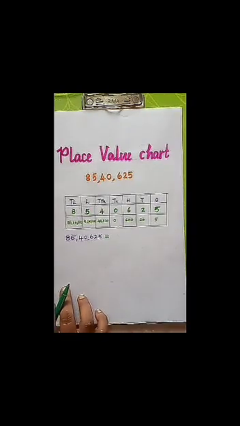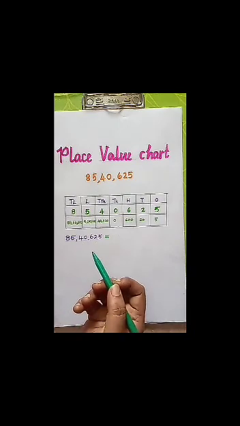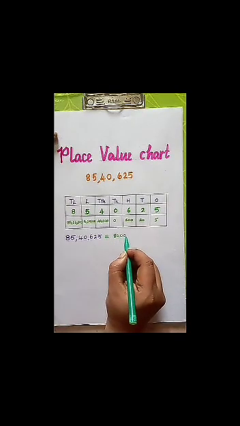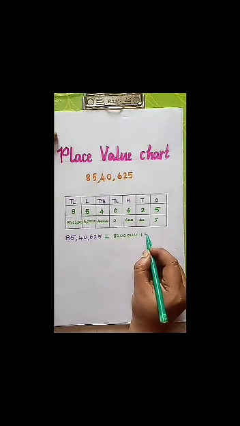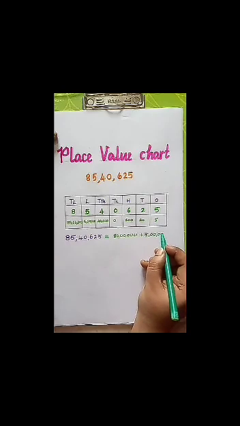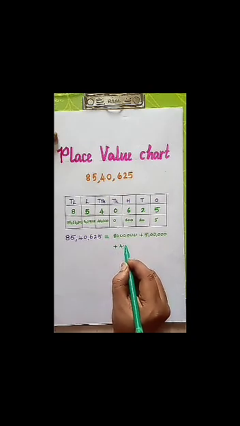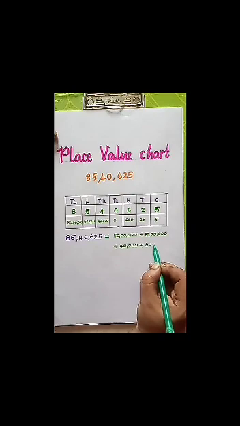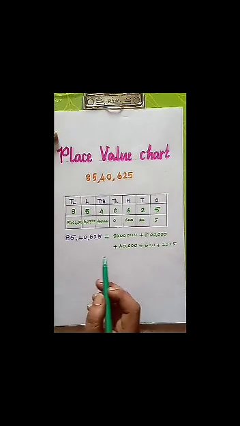Step 3. Write 85 lakh as the sum of the place value of its digits, that is equal to 80 lakhs plus 5 lakhs plus 40,000 plus 600 plus 20 plus 5, which is the expanded form.